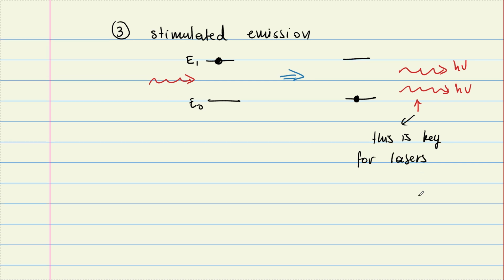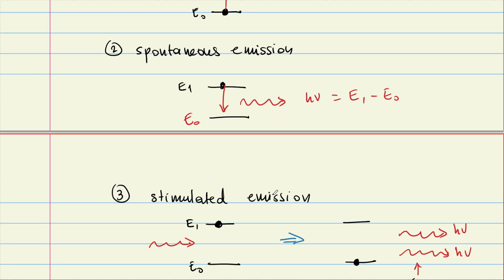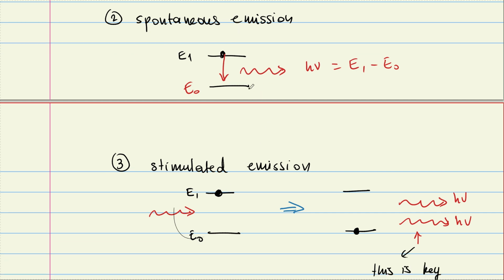It turns out the probability of process 2 is equal to the probability for process 3. So basically, stimulated emission is as likely as spontaneous emission. If you start in this state, you are as likely to give rise to this process as this process, and we'll come to that.